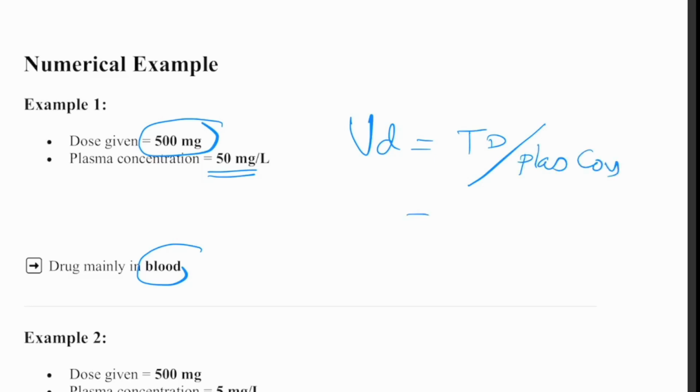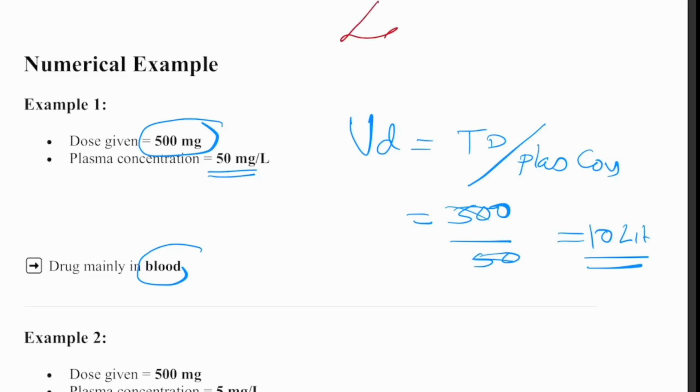So here it is 500 divided by 50, is 10 liters. So this means that this drug has got a low volume of distribution and high plasma concentration.